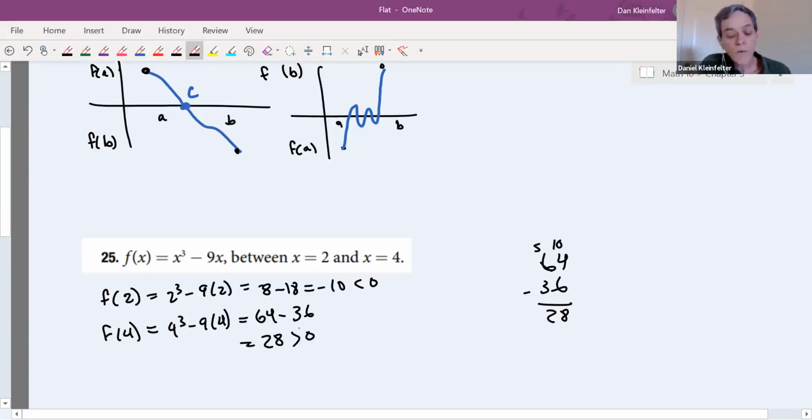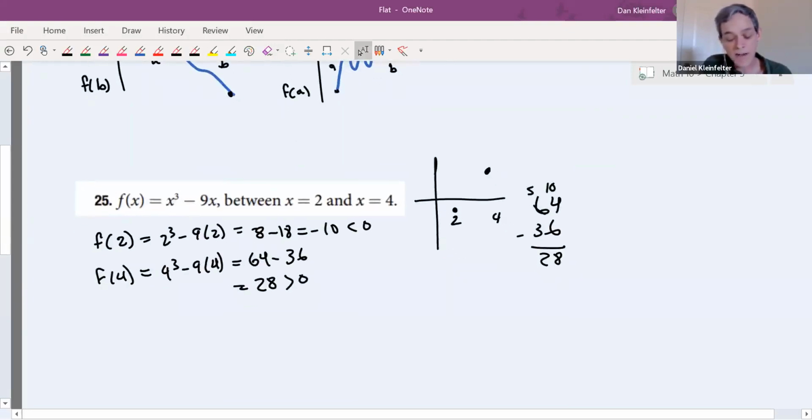Okay, so what happened? f of 2 was negative, f of 4 was positive, so that means that the graph had to have crossed over 0 in that interval. Somewhere between 2 and 4, the function crossed between negative and positive. So that establishes that there is in fact a 0 in that interval.